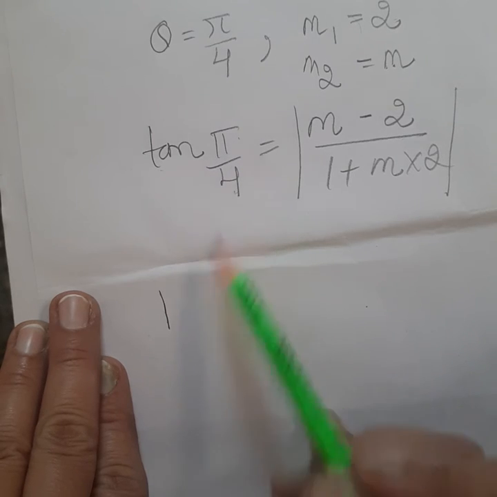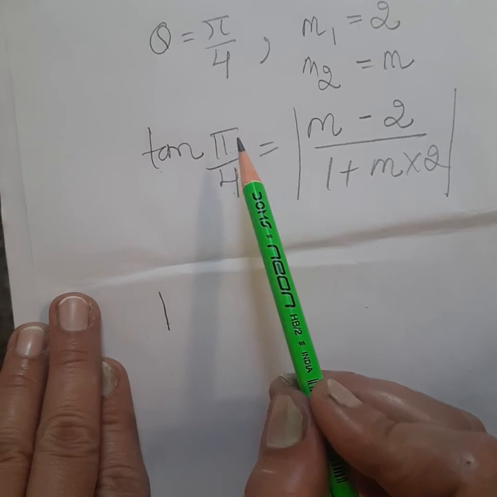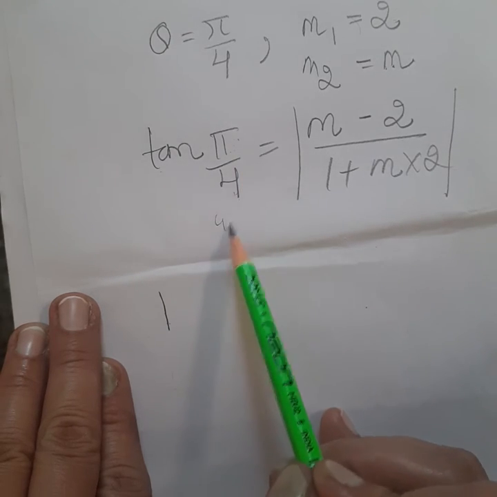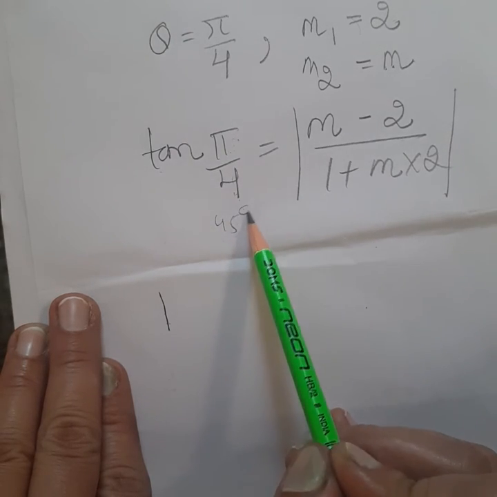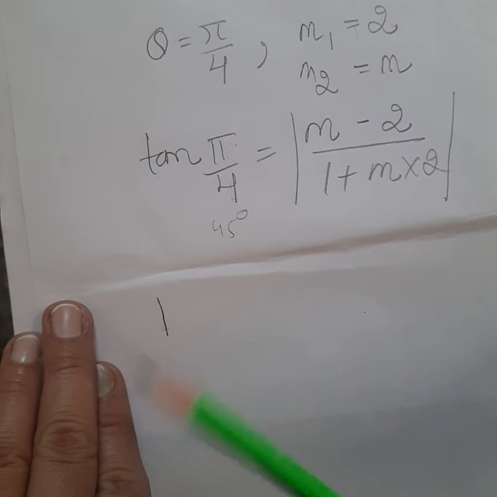Tan pi by 4 gives the value 1, because the value of pi is 180, and 180 divided by 4 gives 45 degrees, and the value of tan 45 degrees is 1.